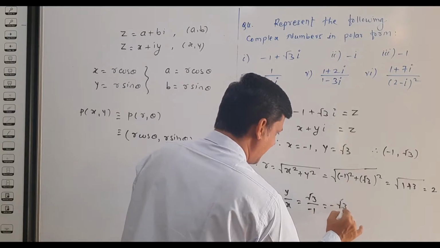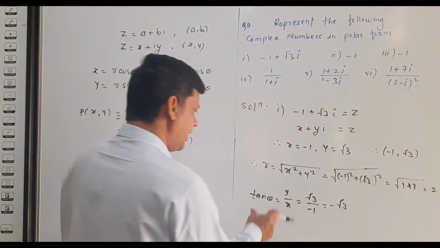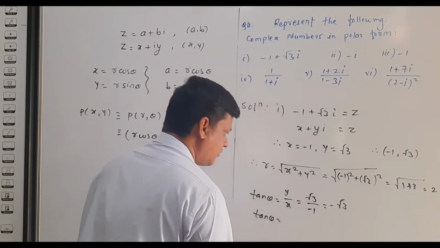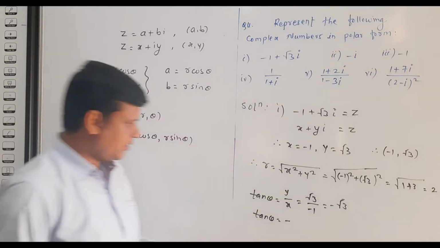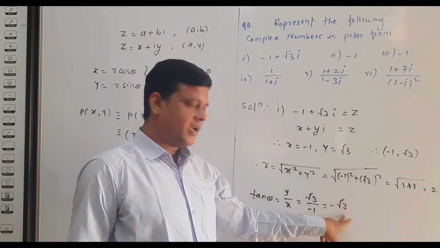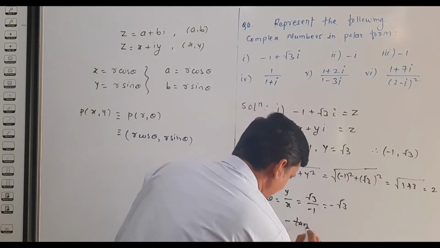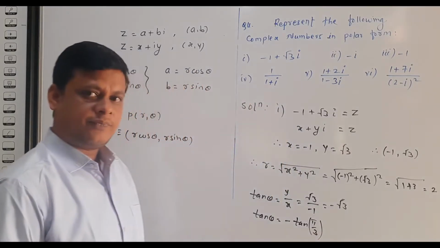So we get minus root 3. Now we have to find theta. So we write tan theta equals minus root 3. Now we have to see for which angle we get tan as root 3. So tan pi by 3, that is tan 60, is root 3.